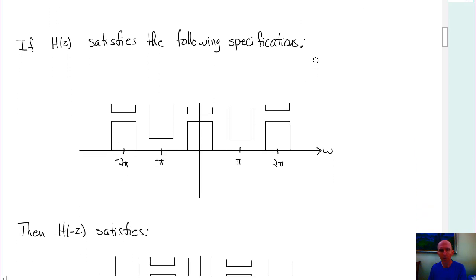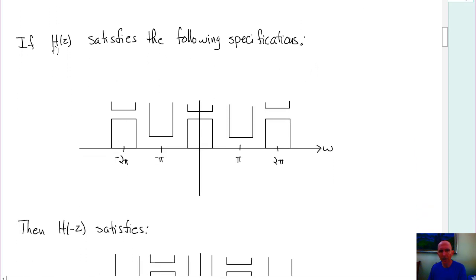In other words, if we have an h of z that satisfies these specifications, and again, we usually look at the specifications between 0 and pi. Here I'm just stretching this out. I'm looking at more frequencies, so when we shift it, we know what's happening.